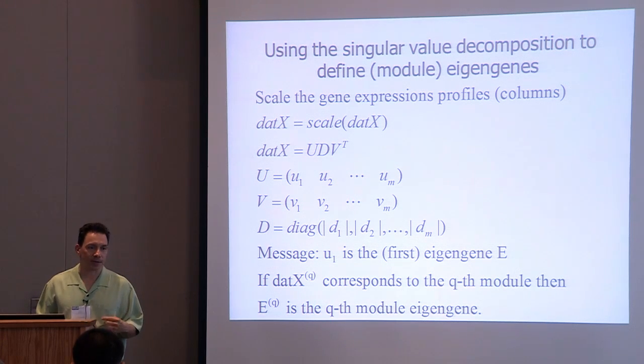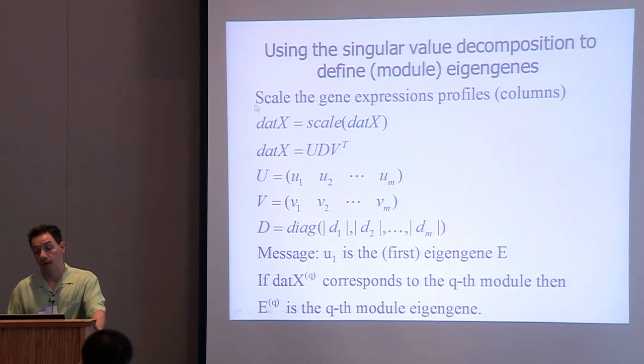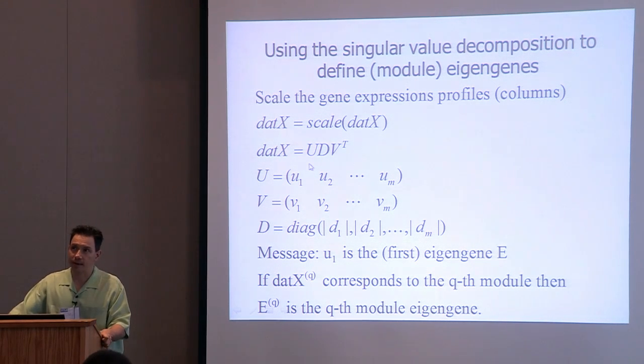Why do we do it? Because we want all genes in the module to be put on the same footing, irrespective of their mean expression values. After we standardize these genes in that fashion, we carry out the so-called singular value decomposition, which is, up to a minus sign, really equivalent to principal component analysis.